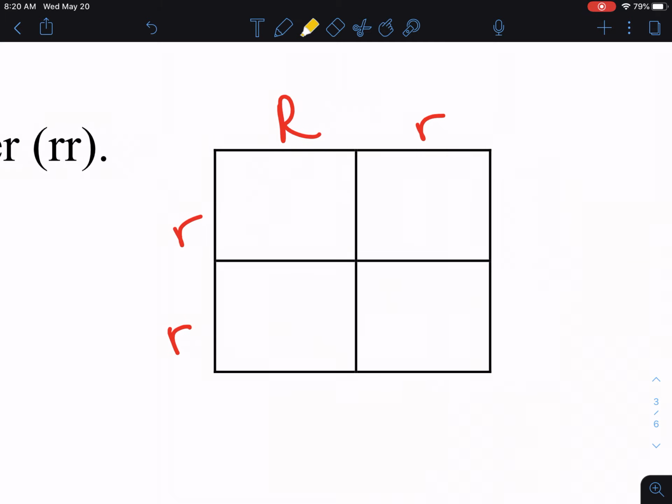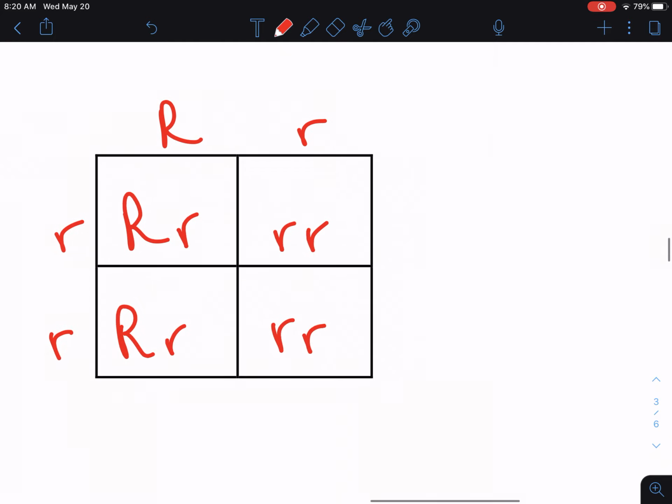We're going to start with 1 and 2 to get capital R, lowercase r. Now we're going to do 1 and 2 to get capital R, lowercase r. Once again, 1 and 2 to get lowercase and lowercase. And then 1 and 2 to get lowercase and lowercase.